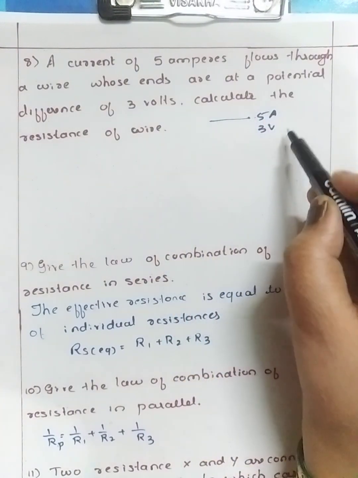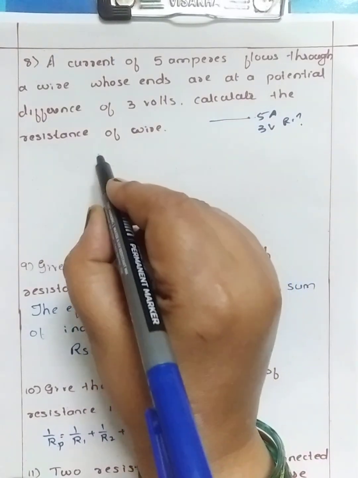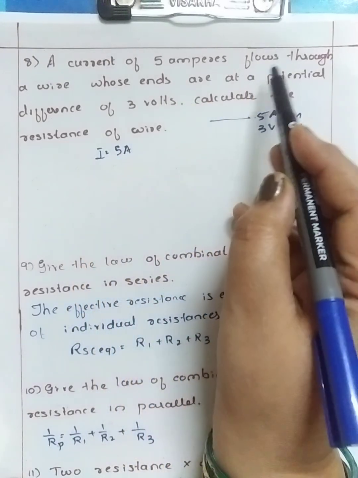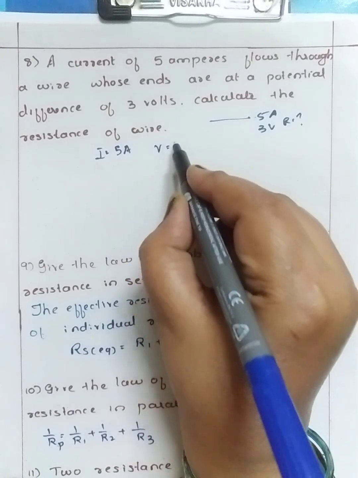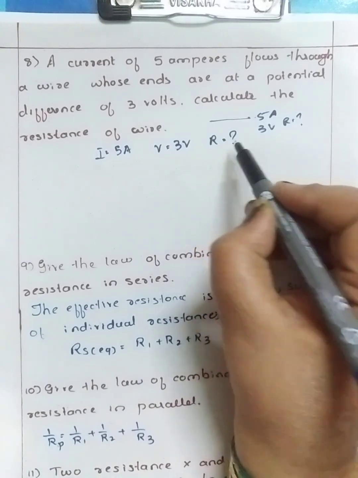So the resistance you have to find. So given is I equal to 5 amperes current. Next, V equal to 3 volt. You have to calculate the resistance.